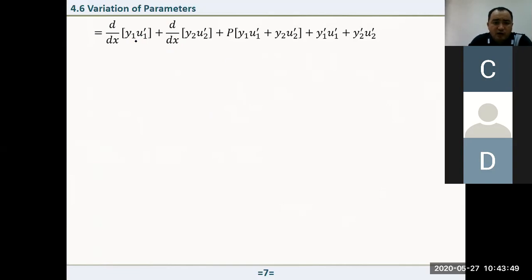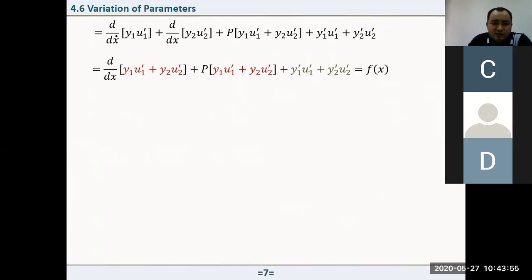Inside, we will have y1 u1 prime plus y2 u2 prime, right? Just take this out. This thing is here, and this thing is here, because we know that the differential operator is linear. And here we have the same thing, and also here, okay? And on the right-hand side, we have f of x.